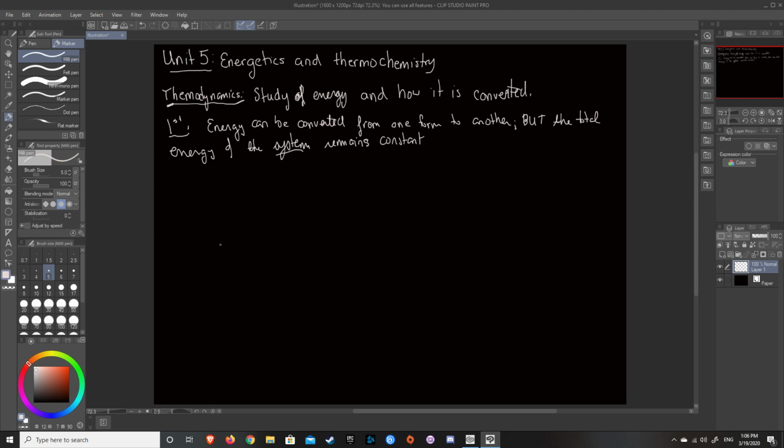We can look at the Earth as a system, right? So for any chemical reaction that occurs on Earth, say we're burning methane: O2 plus CH4 releases CO2 and H2O.